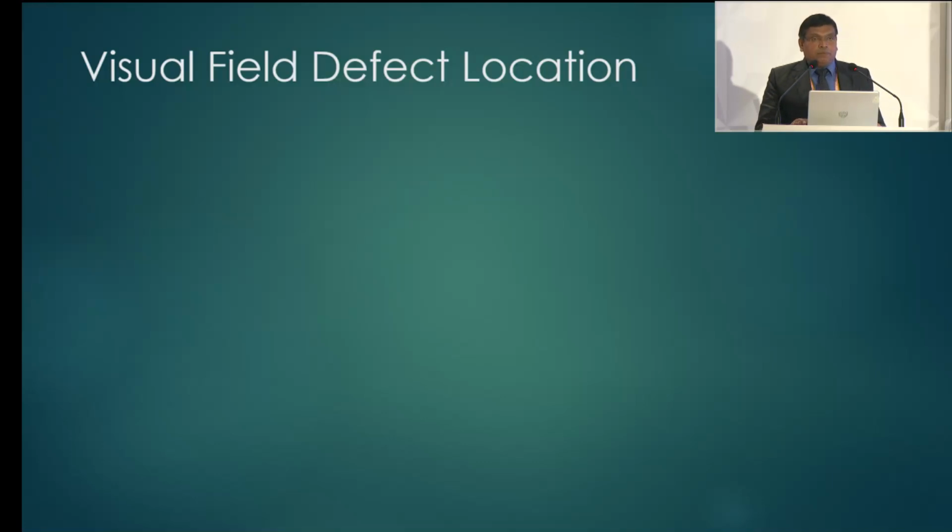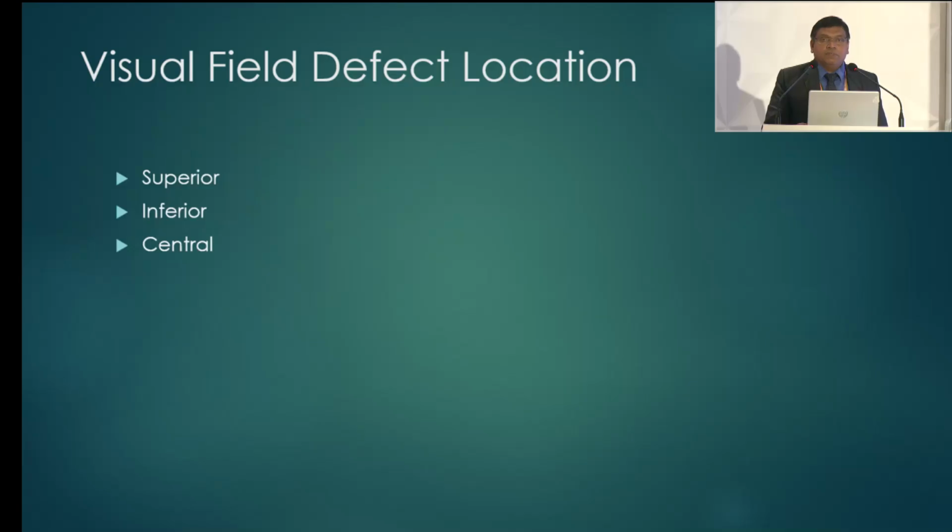Just to elaborate, we do get visual field defects with ischemic optic neuropathy. There have been studies showing that the superior field, inferior field, and central field can be affected in variable degrees.